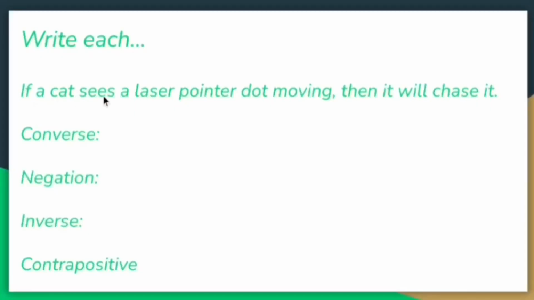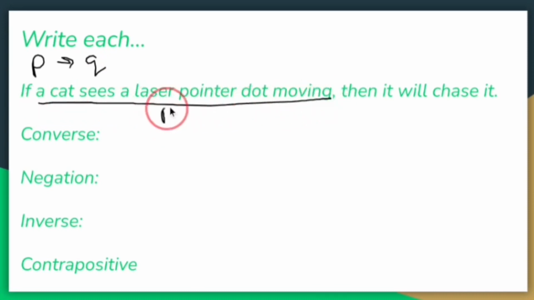Write each. If a cat sees a laser pointer dot moving, then it will chase it. So we have ourselves a conditional statement, which is in the form if P, then Q. P is my hypothesis: if a cat sees a laser pointer dot moving. It will chase it is my Q. What I have to do is turn all of these into the converse, the negation, the inverse, and the contrapositive. So let's start with the converse, which is a brand of shoes.